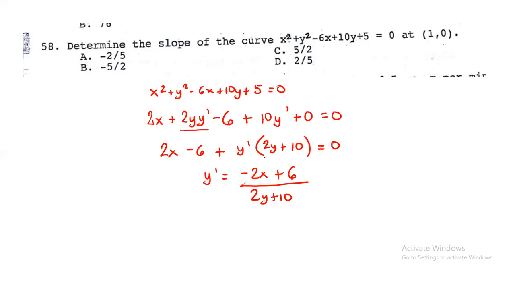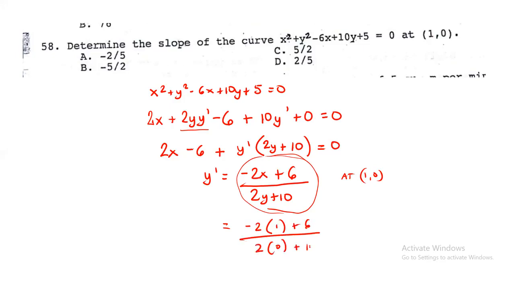So ito na yung equation ng slope niya. So para makuha natin yung numerical value, i-substitute natin tong 1 and 0. So at 1 and 0, maging negative 2 times 1 plus 6 over 2 times 0 plus 10. So magiging sagot dito, guys, is 2/5 or letter D.